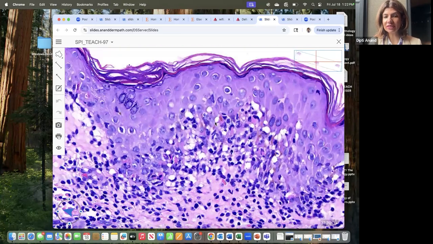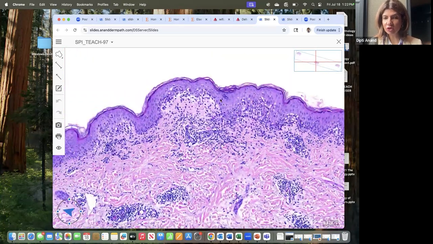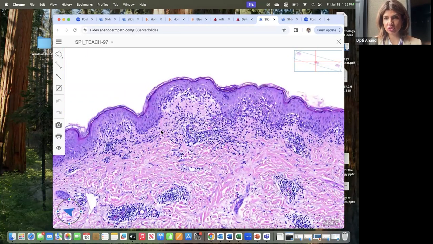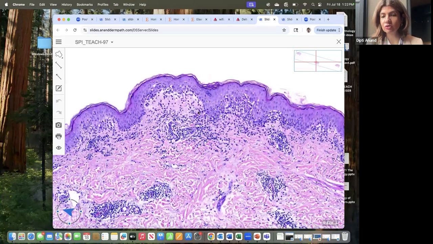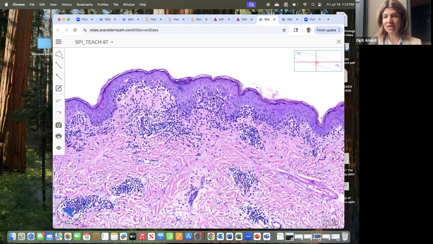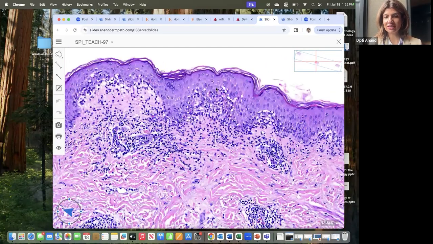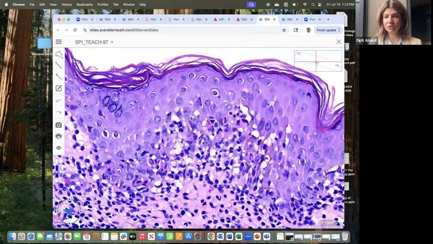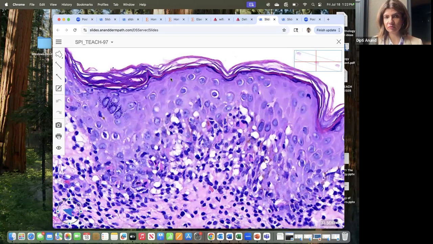Okay, both EM and fixed drug can have variable degree of dermal edema and spongiosis. So both EM and fixed drug will look similar. It's as if somebody is sitting deep down in the dermis and shooting at the epidermis, wherein you get these dead cells in the epidermis at varying levels with an intact stratum corneum.